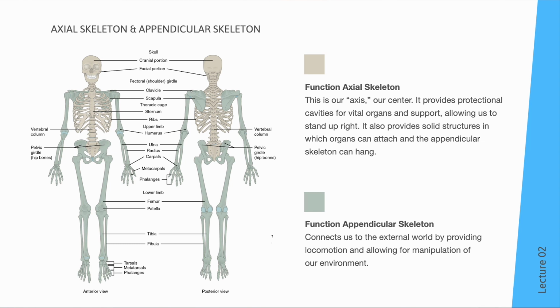It's the clavicles, scapula, the shoulders, the humerus, and the radius and ulna, like the arm, carpals, metacarpals, phalanges, the fingers, and the hand and the wrist, and then the pelvic girdle, or the pelvis, is appendicular, as well as the femur, patella, tibia, fibula, also the whole legs, and tarsals, metatarsals, phalanges, the feet.